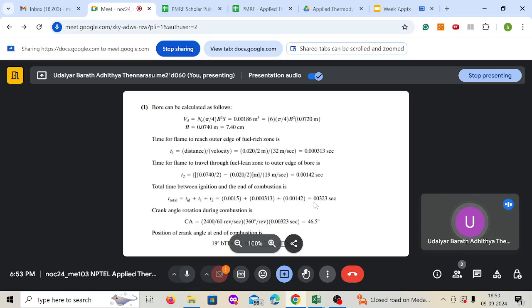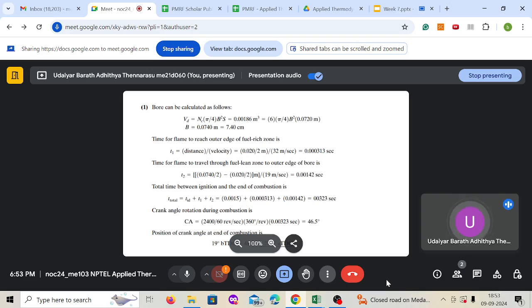This comes out to be 0.00323 second. So the crank angle rotation during combustion is your speed, 2400 divided by 60 revolutions per second, times 360 degrees per revolution, times the time. This comes out to be 46.5 degrees.